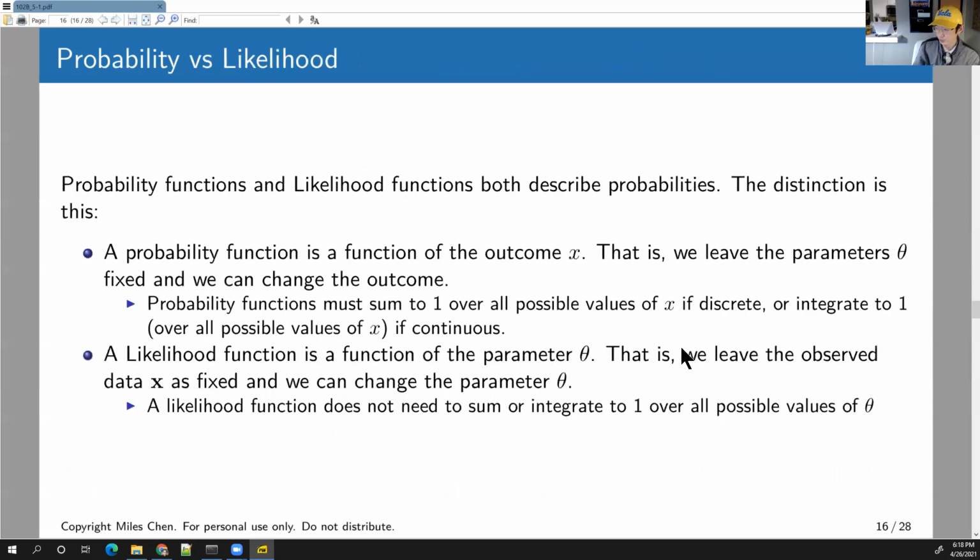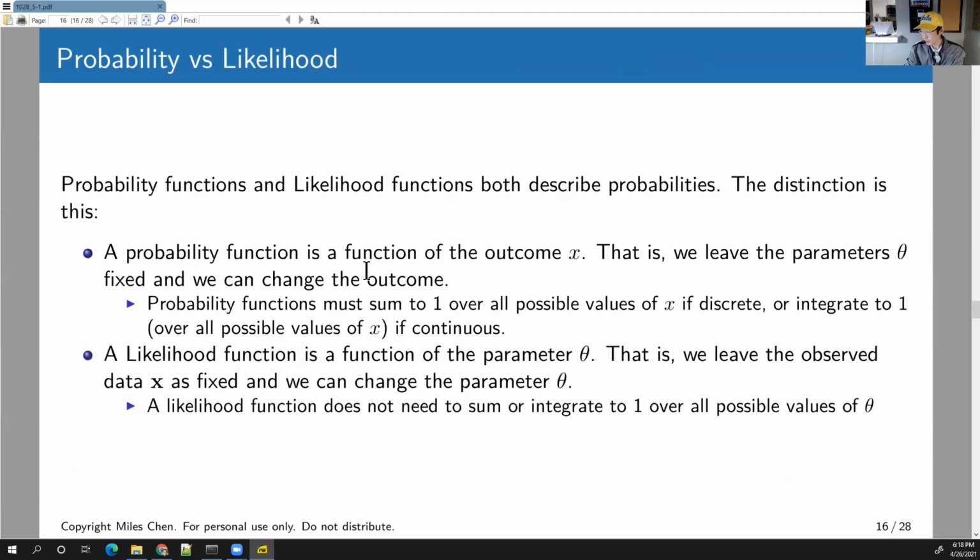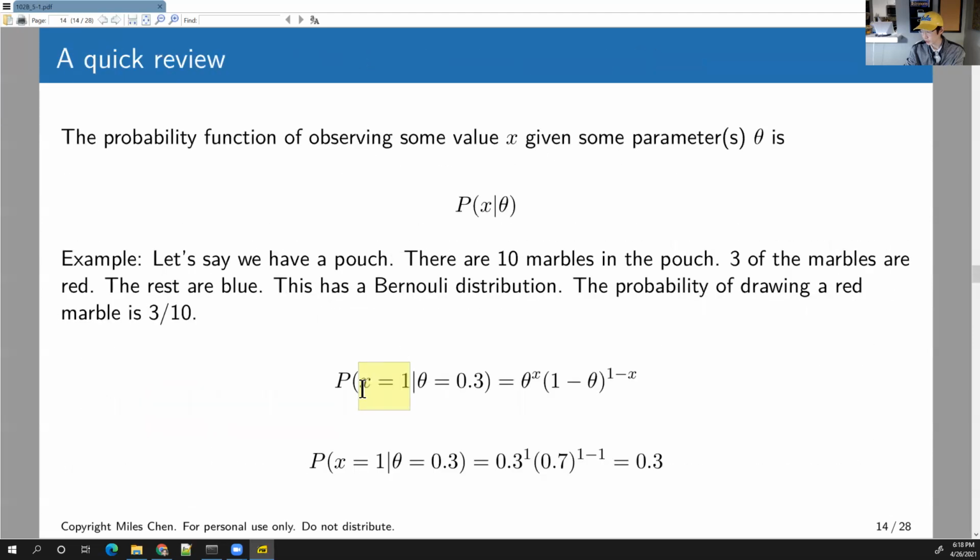So when we talk about probability functions and likelihood functions, they both describe probabilities, but the distinction is this. A probability function is a function of the outcome x. So here we're asking what's the probability of getting these outcomes 1, 1, 0, or this outcome x equals 1.